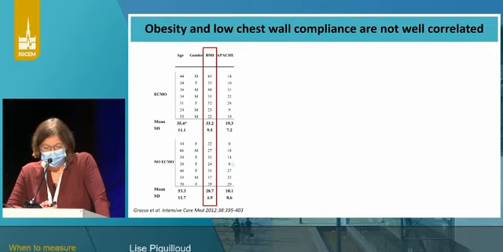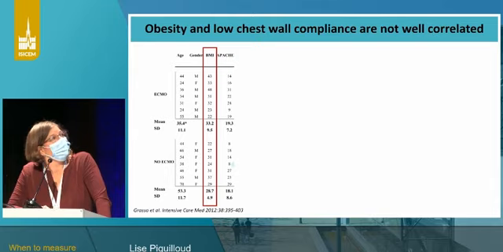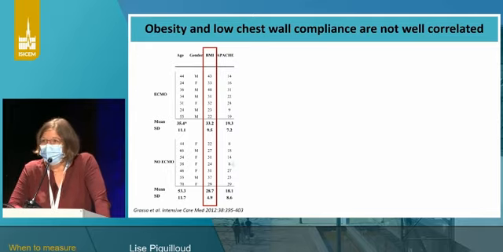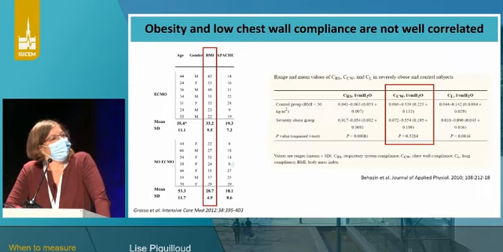Also very interesting, you can see here that in the ECMO group and in the non-ECMO group, there was no correlation with BMI. That means that it's very difficult to predict which patient has a low chest wall compliance. And this is known from older data.